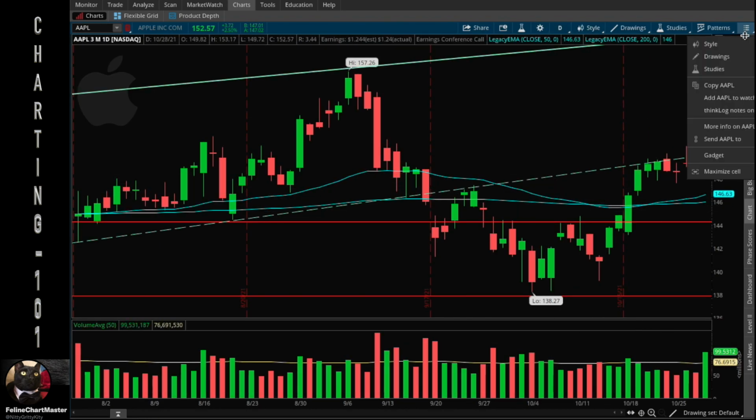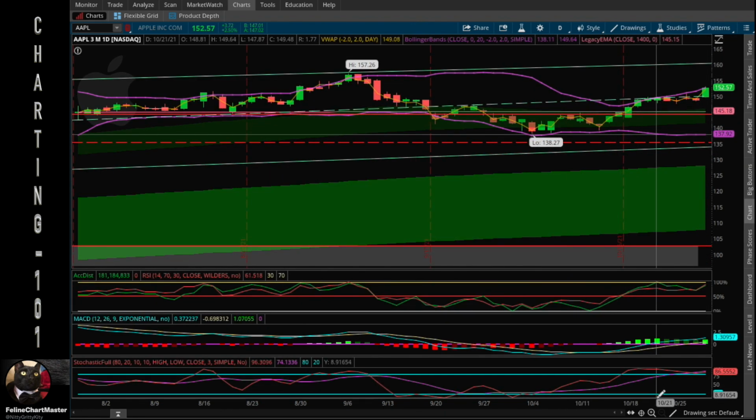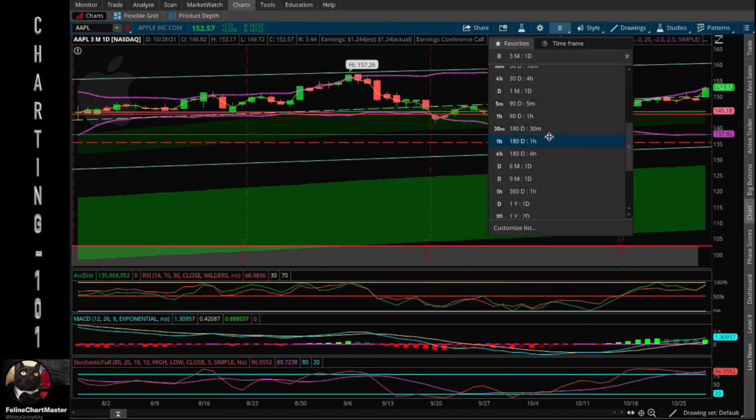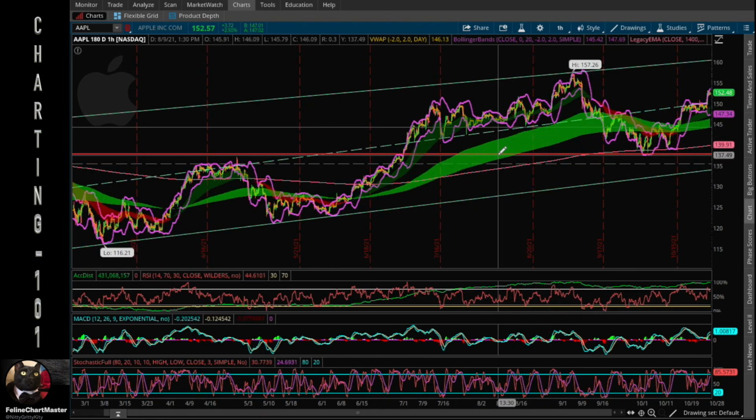Now, there are things you can do. For instance, I did a little math basically and figured out how you can track the daily moving averages on the hourly chart. So this is an hourly chart, but I actually have daily moving averages set to them, okay?